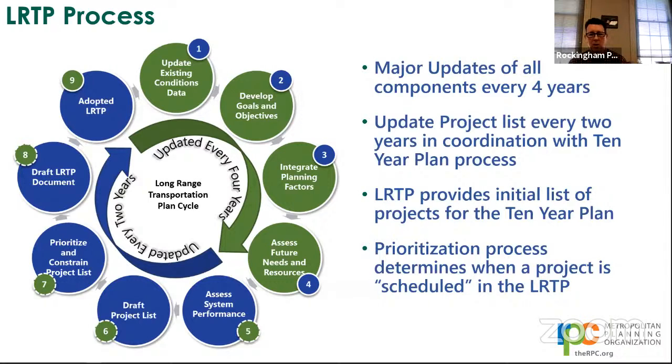On a 2-year cycle, we look at the system performance and the project list to make sure that it's consistent with what's being proposed in the TIP and the 10-year plan. So essentially, the green circles here are the stuff that we update on a 4 to 5 year cycle, and the blue is the items that we work on every couple of years as part of the 10-year plan cycle.